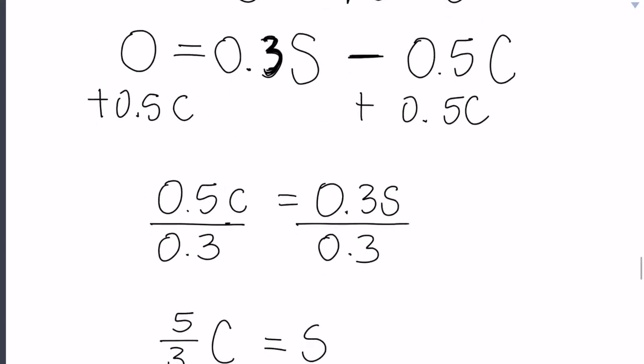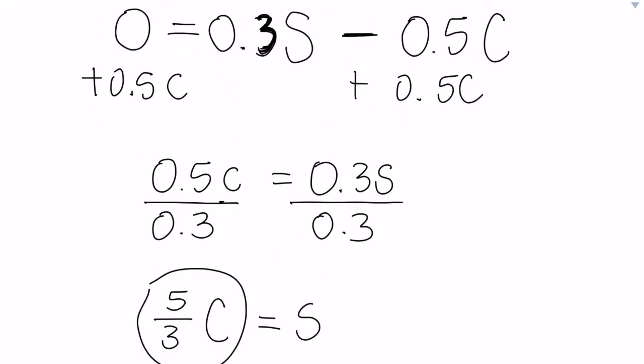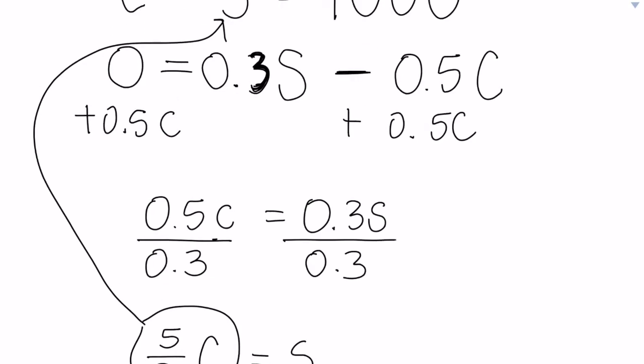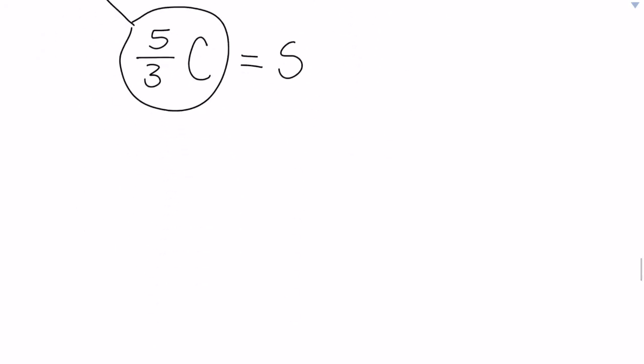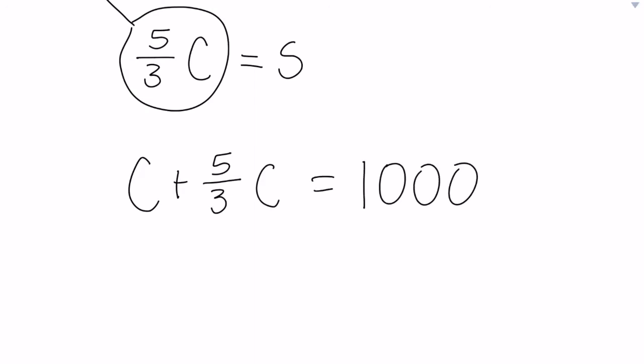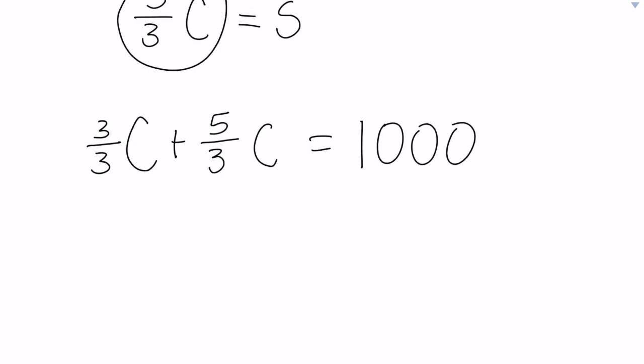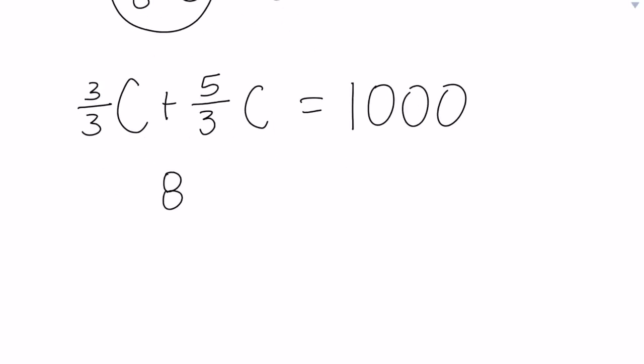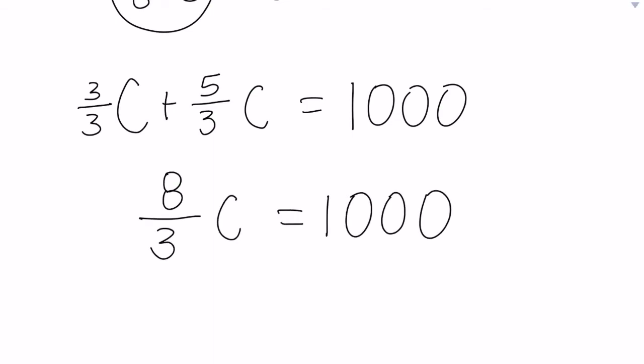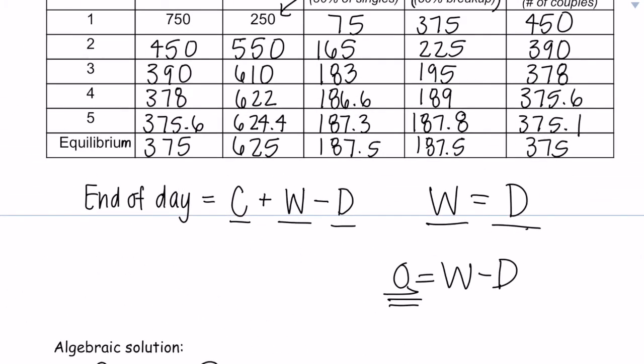Now I have something that equals s, and I can put this in over here, and that will let me simplify my variables. So I've got c plus 5/3 c equals 1,000. And remember that there's a 1 here, but instead of 1 you can write 3/3, same thing as 1, and we can add our c's together and end up with 8/3 c equals 1,000, because we're trying to find out how many couples we have, because remember, that's the equilibrium number.